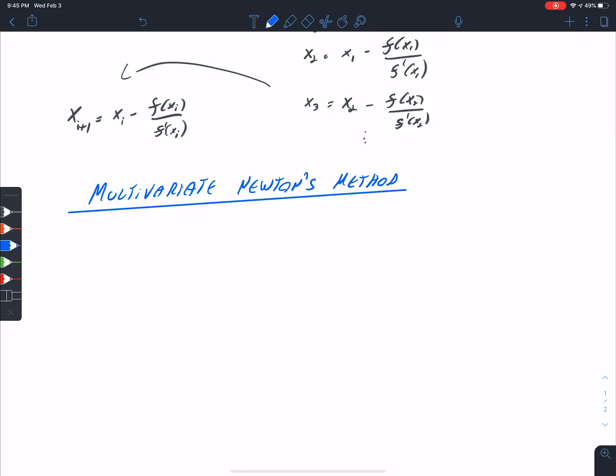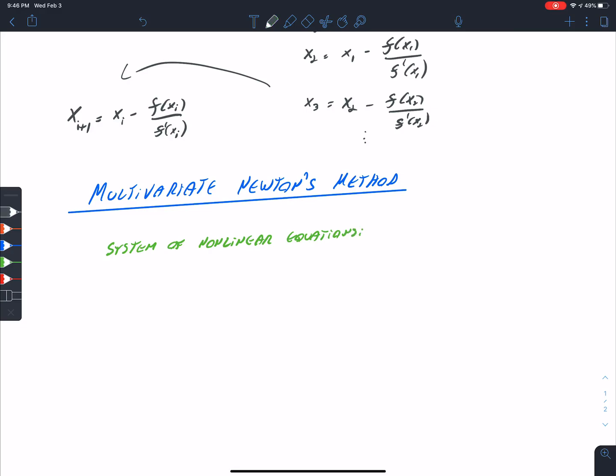Okay, first of all, what do we mean by multivariate? We're going to now solve a system of nonlinear equations. And here's an example system that I've written down.